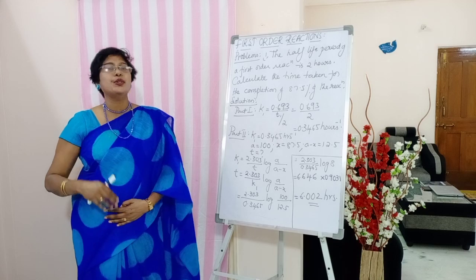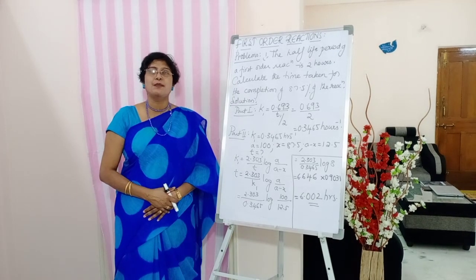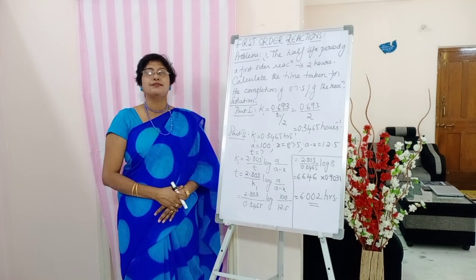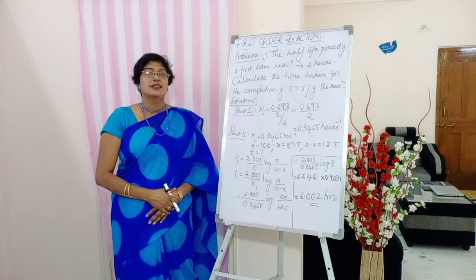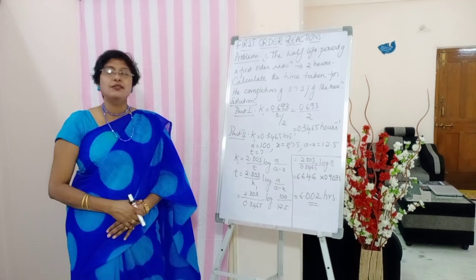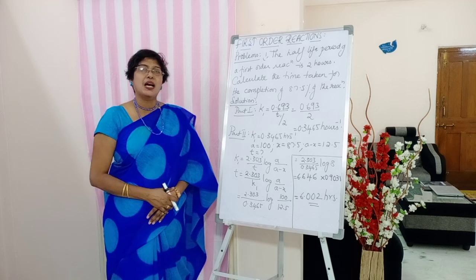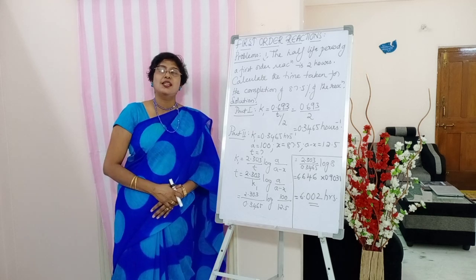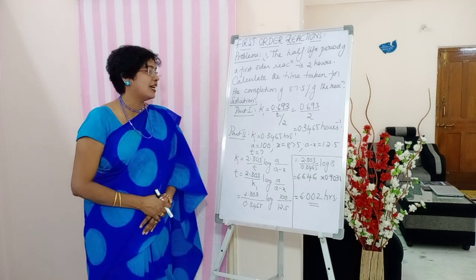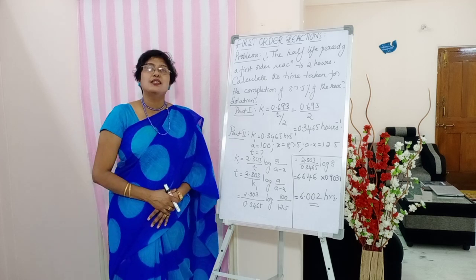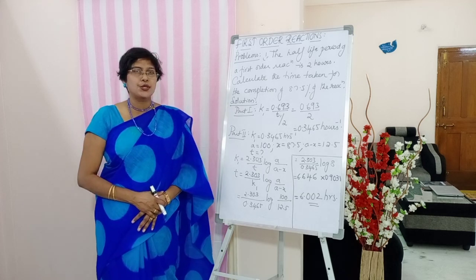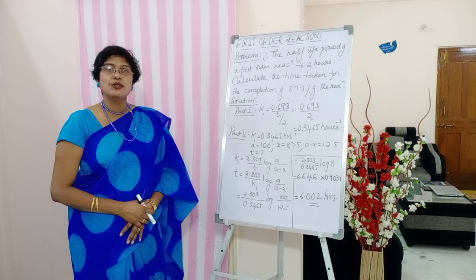So how to do this? Put the side heading solution, part A or part 1. Part 1. Write up. K1 is equal to 0.693 by T half, which is equal to 0.693 by 2, since T half is given as 2 hours.